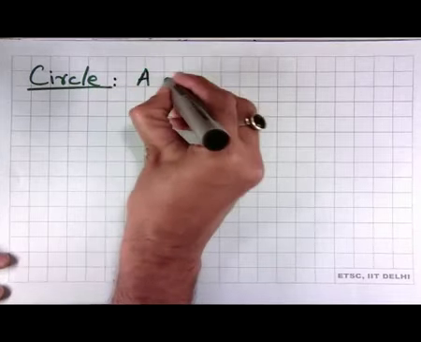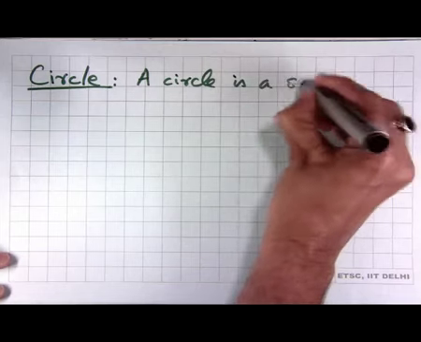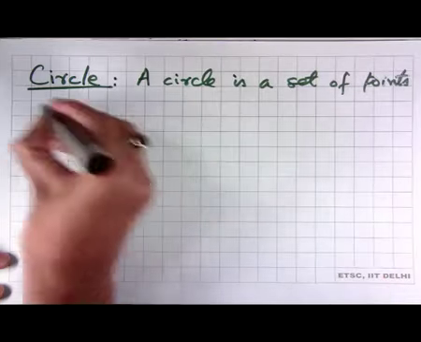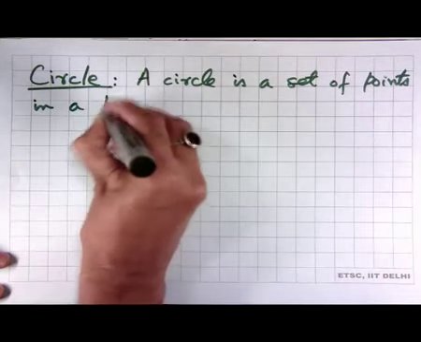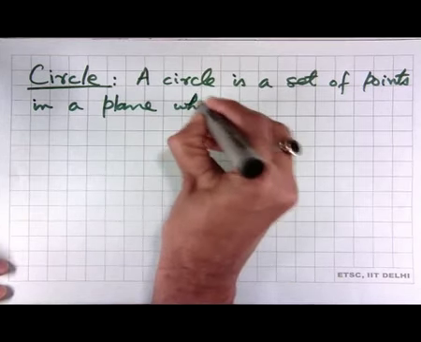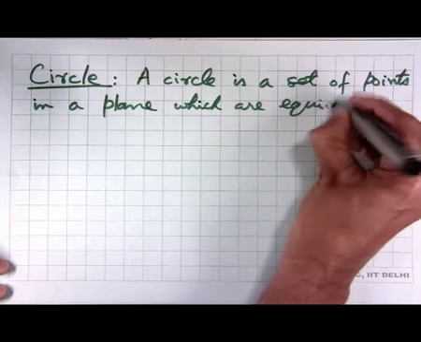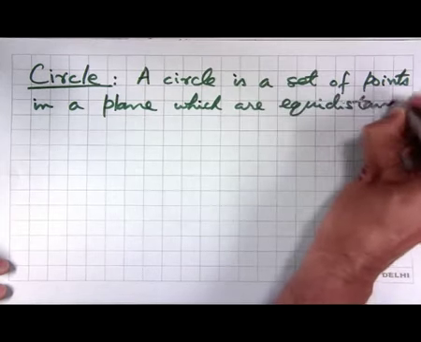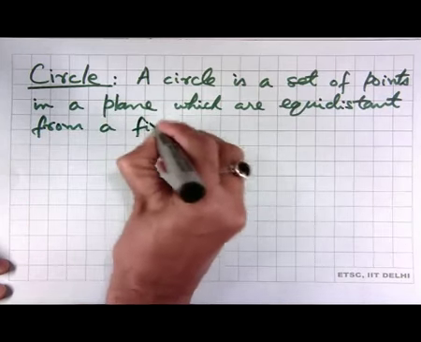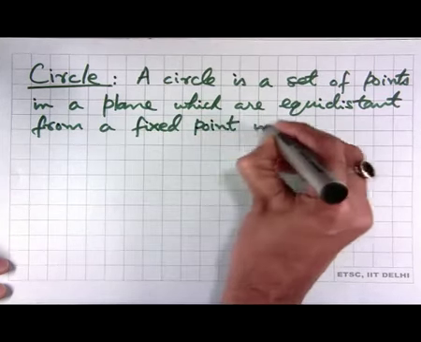So, a circle is a set of points in a plane which are equidistant from a fixed point in the plane.